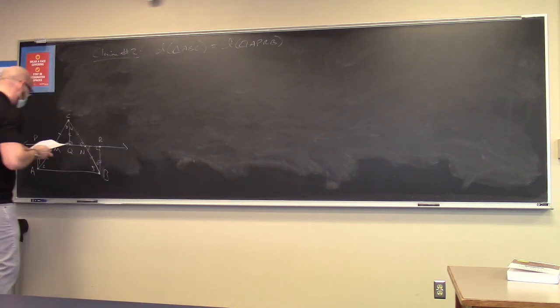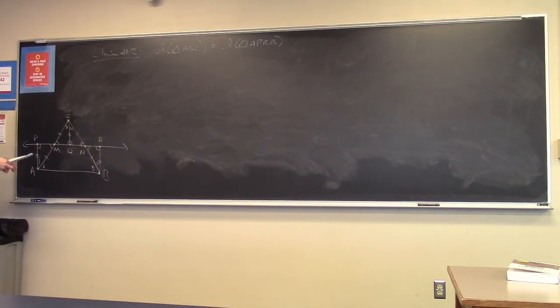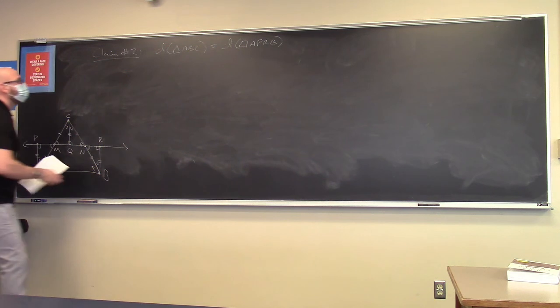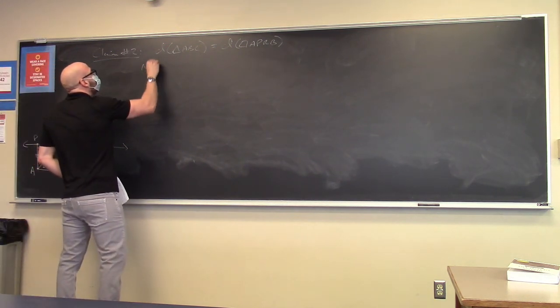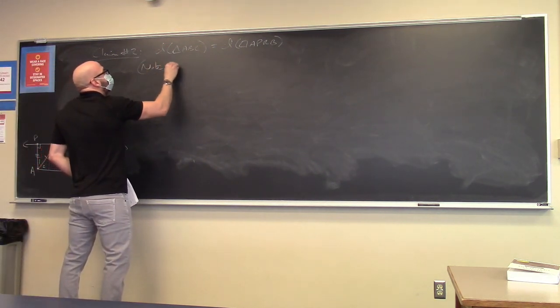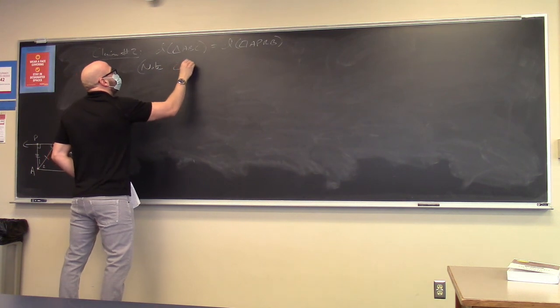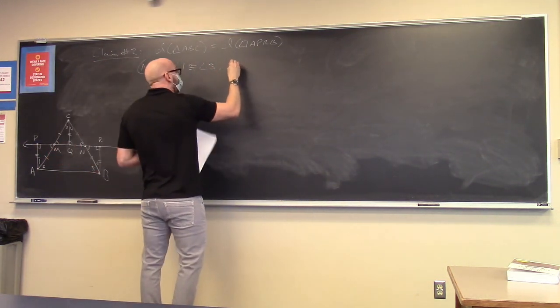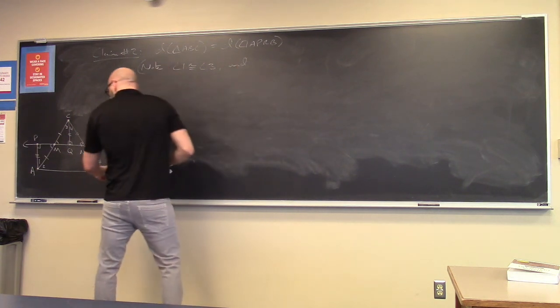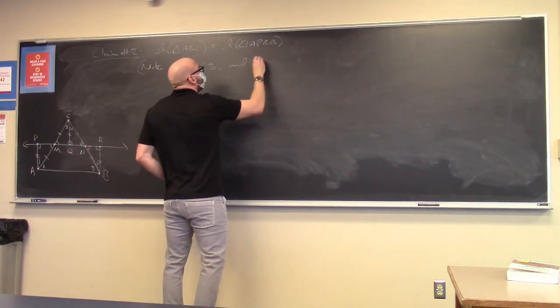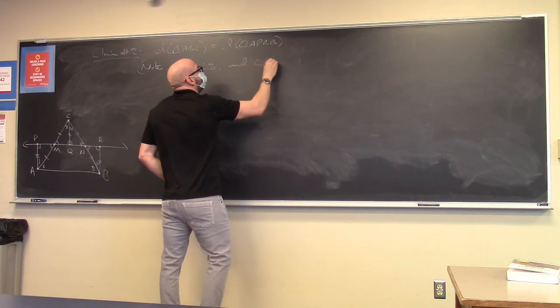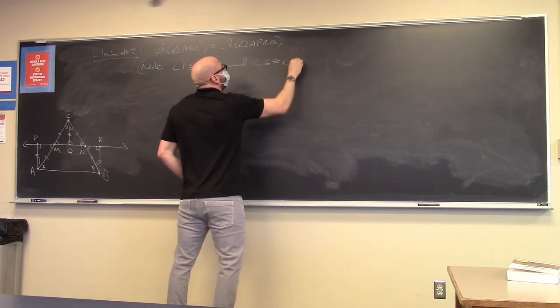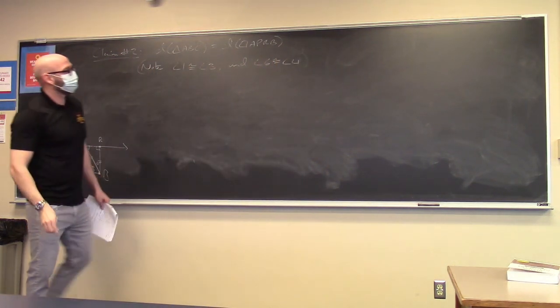Angle 1 is congruent to angle 3, sorry. Note, angle 1 is congruent to angle 3, and angle 6 is congruent to angle 4. That's what we established with our triangle congruences.